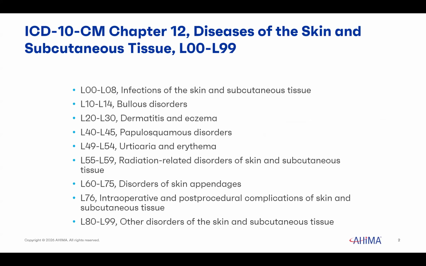So again, we covered how these diseases are laid out, and you can see just what we're talking about here. We have the infections, L00 through L08, L10 covering bullous disorders, dermatitis and eczema, L20 through L30, papulosquamous disorders, L40 through 45, and so on.